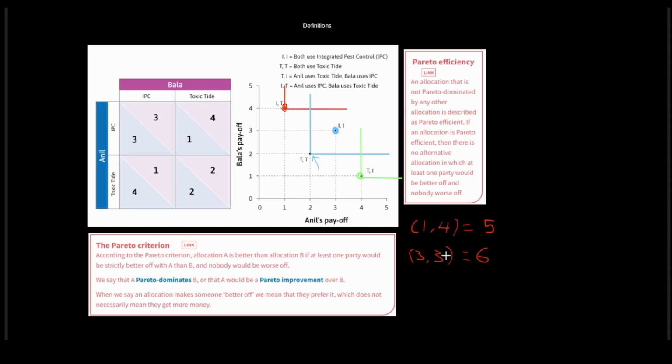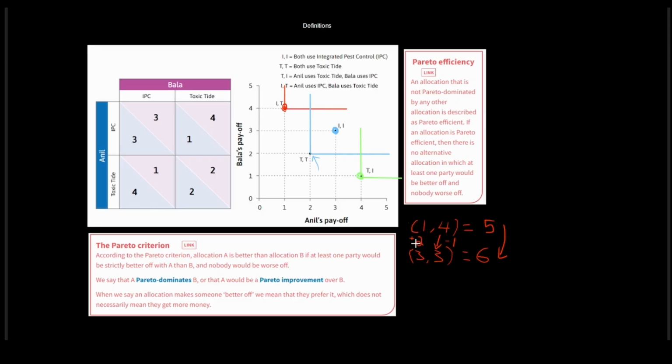But let's keep in mind why both of these are Pareto efficient. We cannot move from IT to II without somebody being worse off. In this case, if we were to make that move, Bala is required to give up 1 in order for Anil to gain 2.